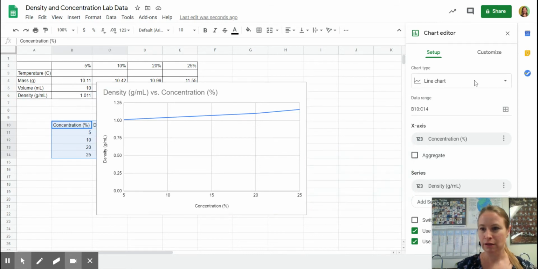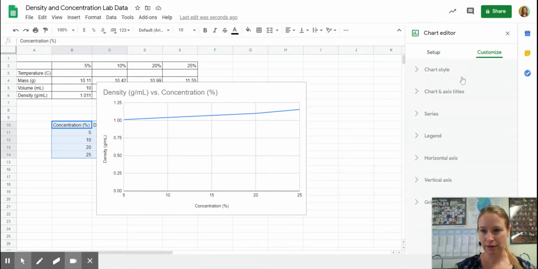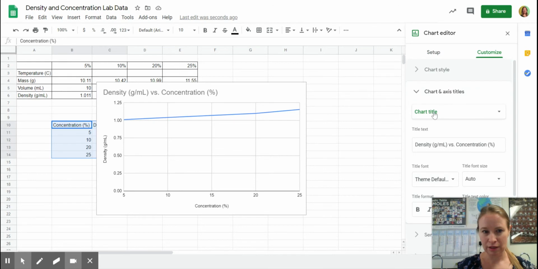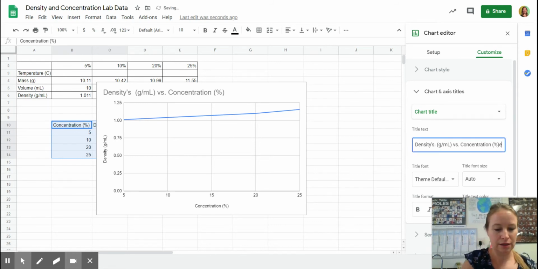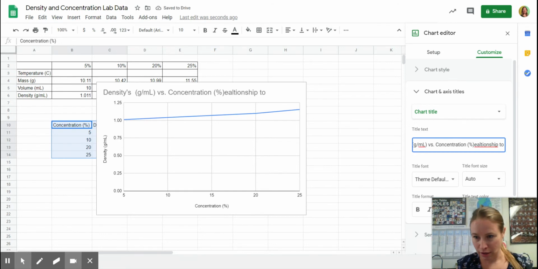Got it. Let's customize. I don't like the title. I'm going to call it densities relationship to concentration. Oh, and of course it got all weird.